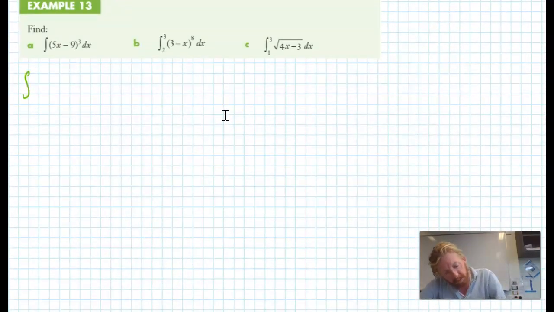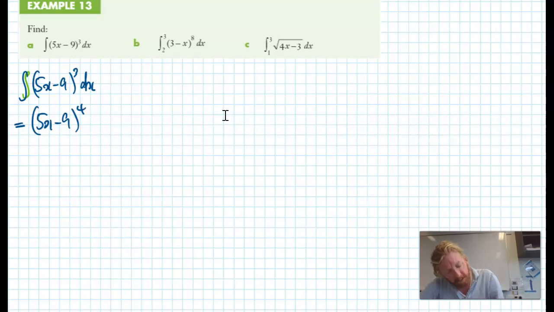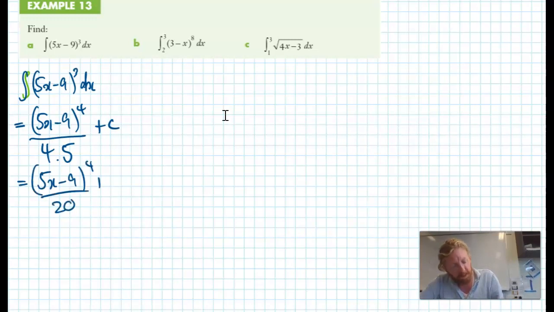Integral of (5x minus 9) to the 3 dx equals (5x minus 9), raise the power, bring that power down, done, plus c, equals (5x minus 9) to the 4 on 20 plus c. Now that's for an indefinite integral.